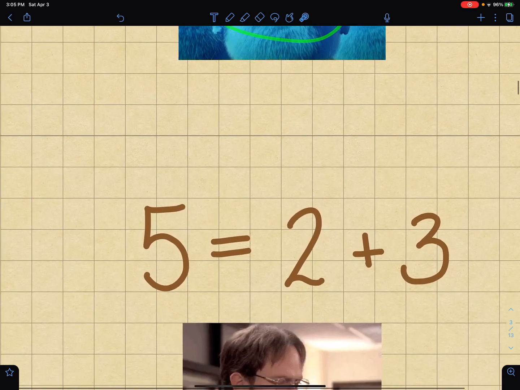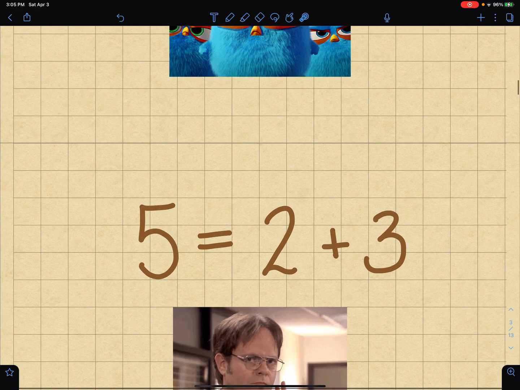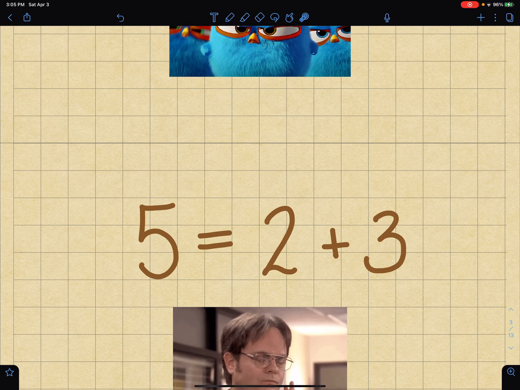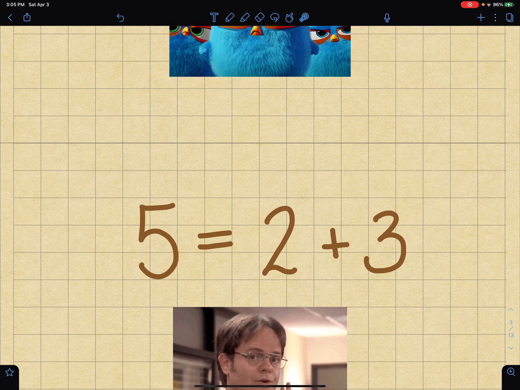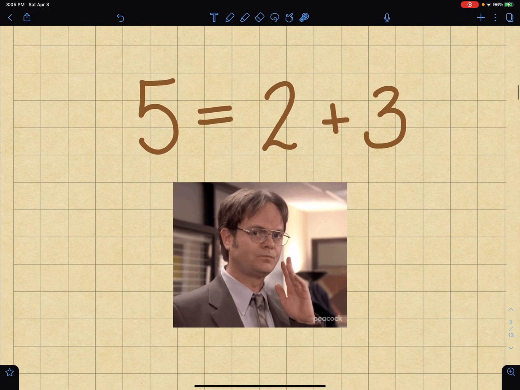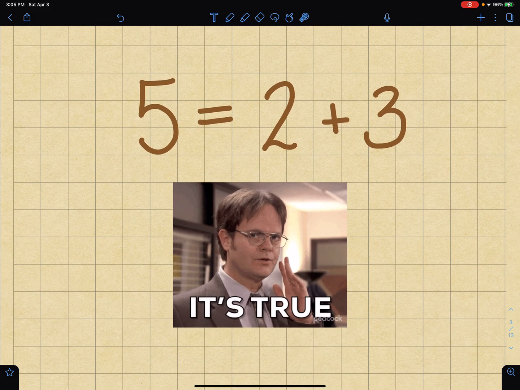If you have just an equation and you multiply everything by a negative number, it doesn't change the solution set. For example, if you've got 5 equals 2 plus 3, that's true.